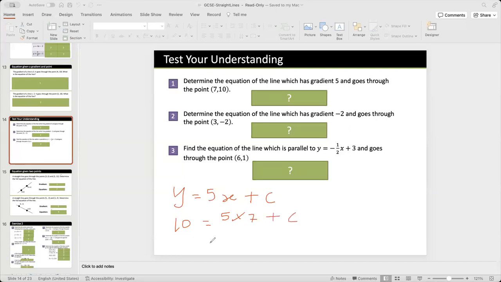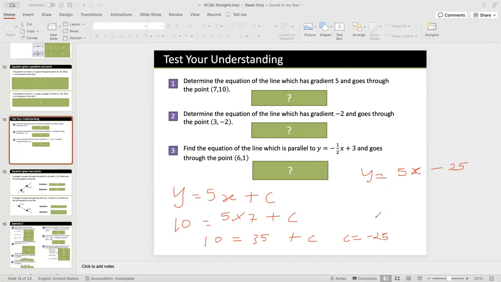Plus c. So that gives you 10 equals 35 plus c. Then c equals -25. That means that y equals 5x minus 25. So that's the answer, 5x minus 25.